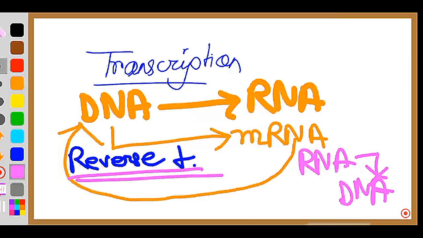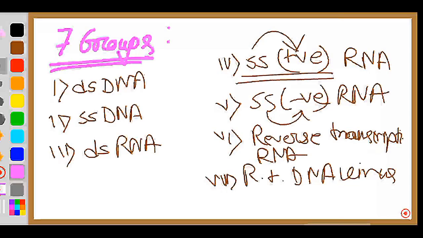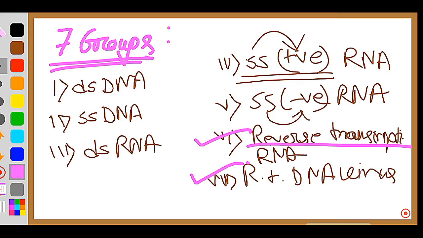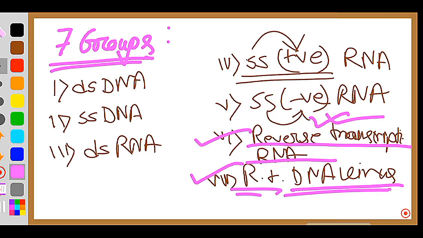So if I look back into the previous page, there are two categories of reverse transcriptional viruses: RNA viruses which are capable of reverse transcription, and DNA viruses with the ability of reverse transcription. Otherwise, in the other 5 forms, there is no reverse transcription found, only transcription is found.